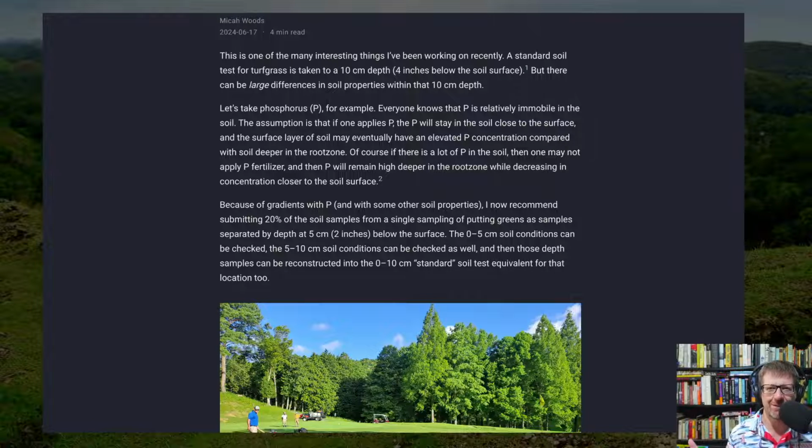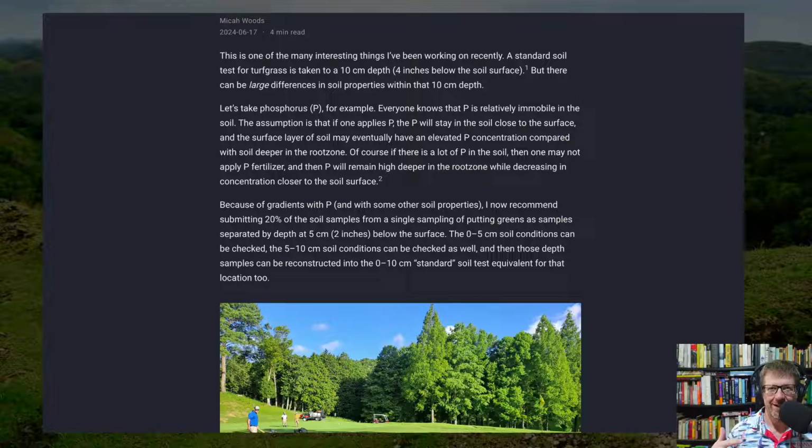So I don't really see a reason to cut off arbitrarily at 7.5. Now, I cut off arbitrarily at 10 centimeters, but I think that is a better approximation of the turfgrass root zone than 7.5.